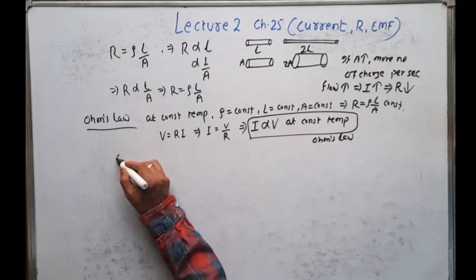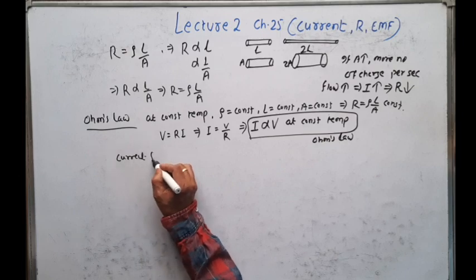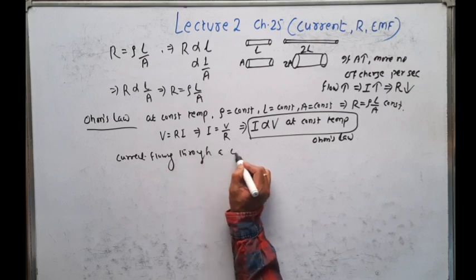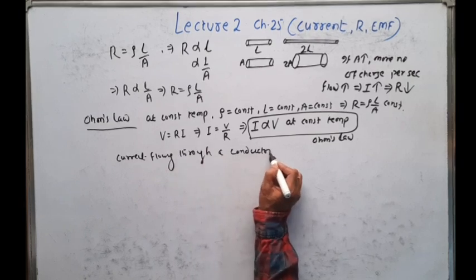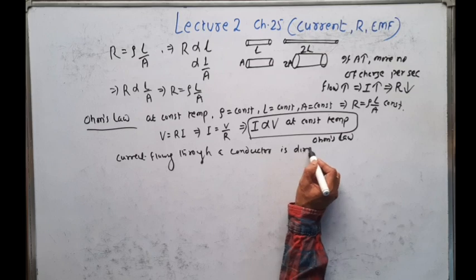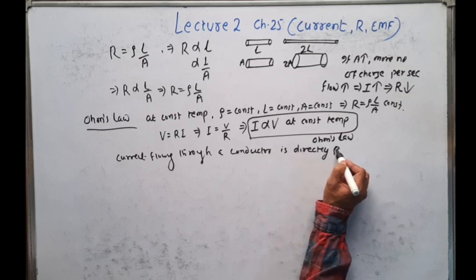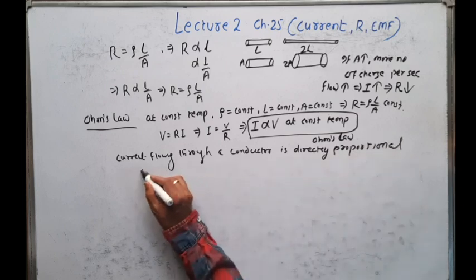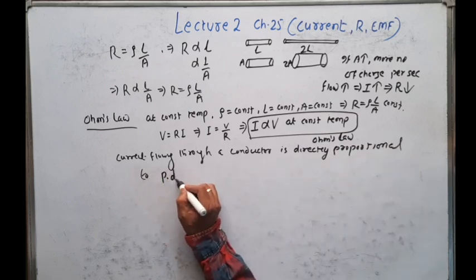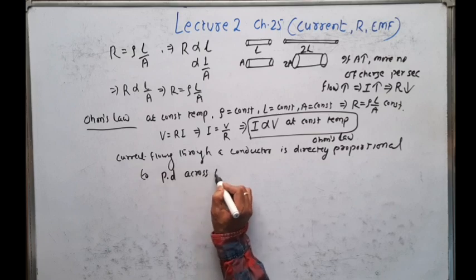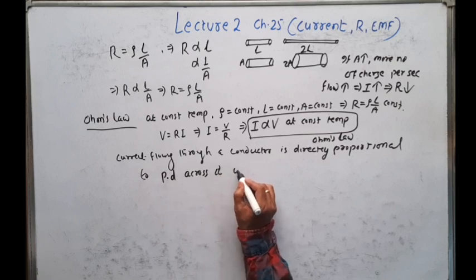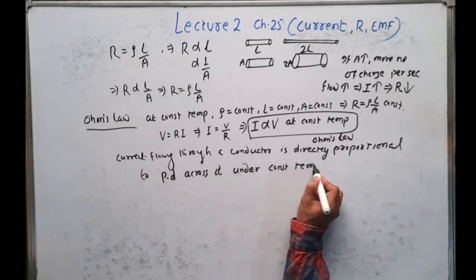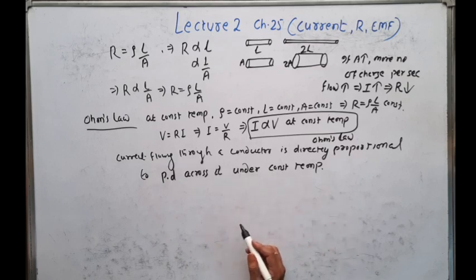That is, current flowing through a conductor is directly proportional to the potential difference across it. And what is the limitation? Limitation is that under constant temperature condition. So this is Ohm's law.